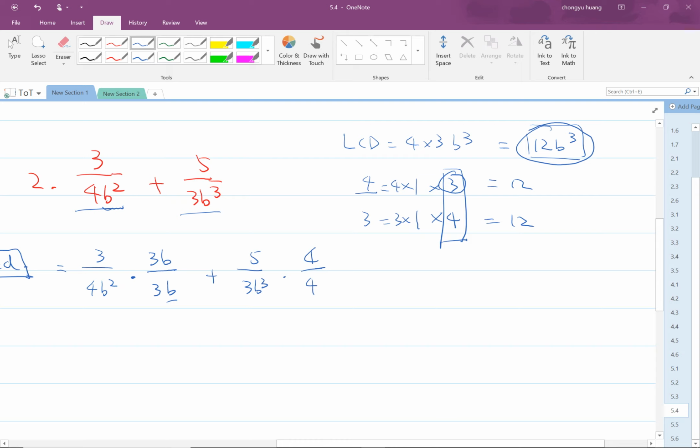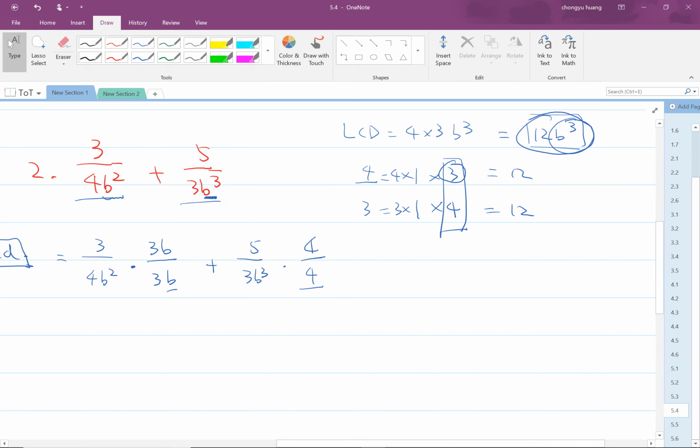So you may ask me why you only multiply 4 over 4 on 3b to the power 3. Why don't you multiply another b? Because you can see over here we have a b to the power 3, and that's the same thing as b to the power 3. So the thing you need to multiply over here is just a single 4 over 4.